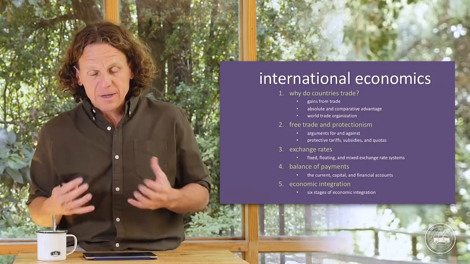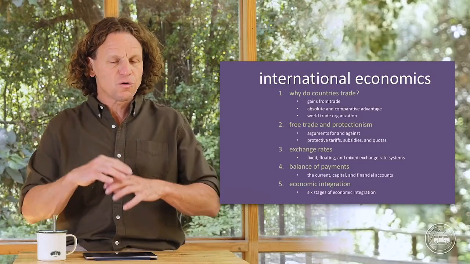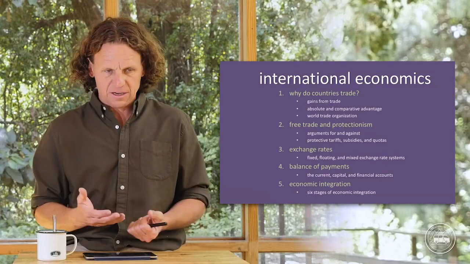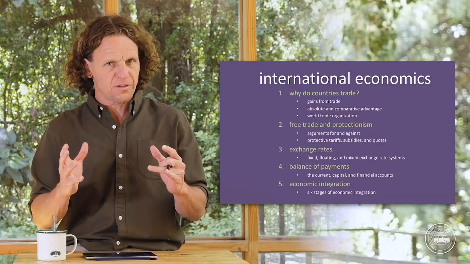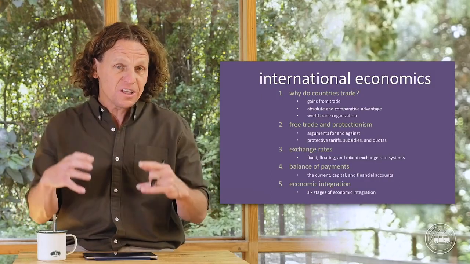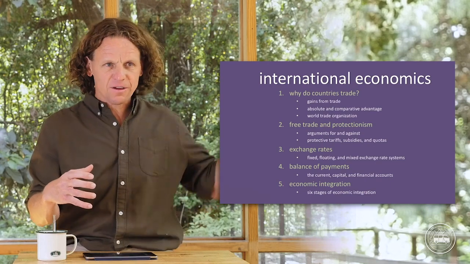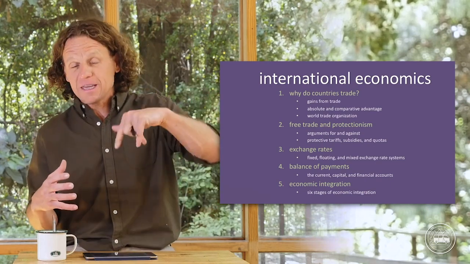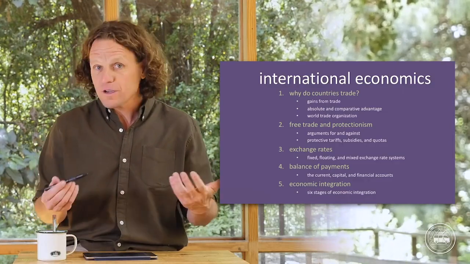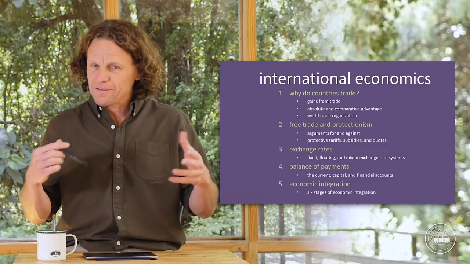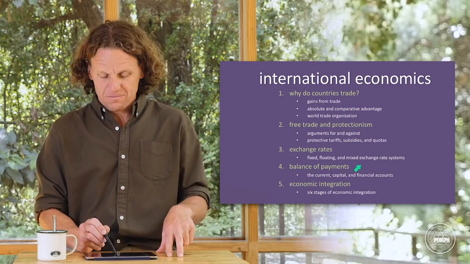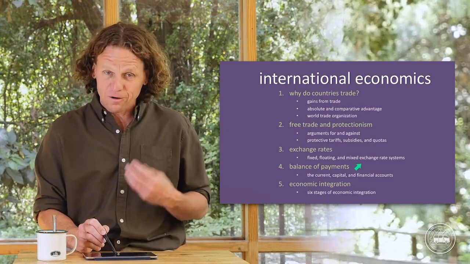In economics, we pretend you can only get certain currencies in the physical location where they're located. I'm in Santiago, Chile, so I can only spend pesos here. If anybody wants to buy Chilean goods from a Chilean company, they have to take their dollars or their Argentinian pesos and turn them into Chilean pesos, and that has an impact on the exchange rate. There are 3 systems: fixed, floating, and the mixed exchange rate system, which is more realistic than any of them. That's pretty exciting. That's unit 3.